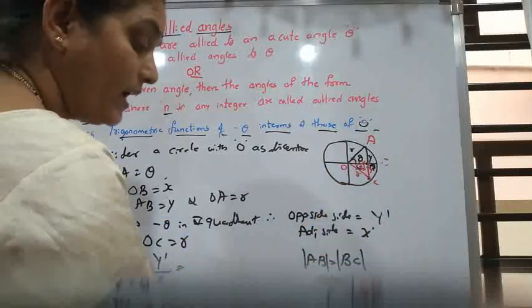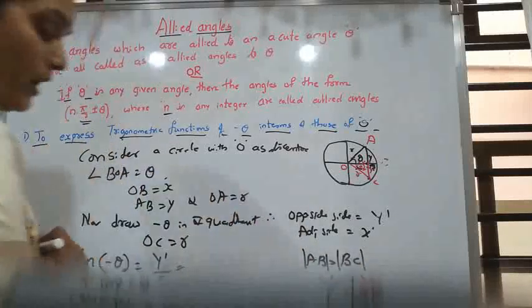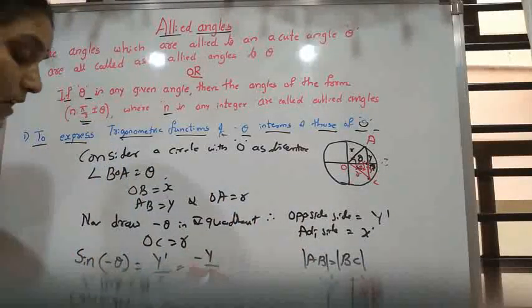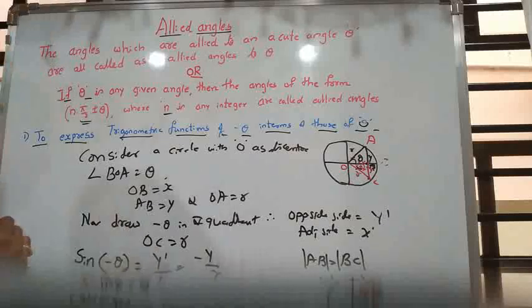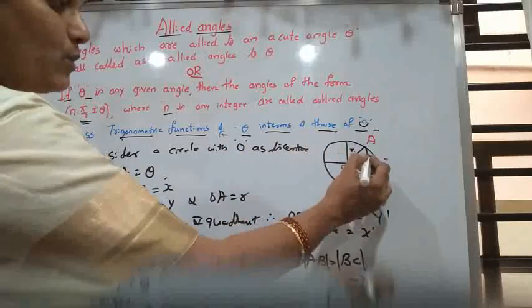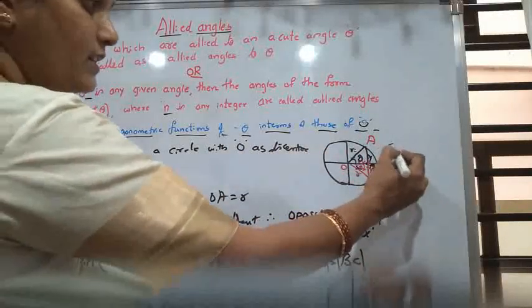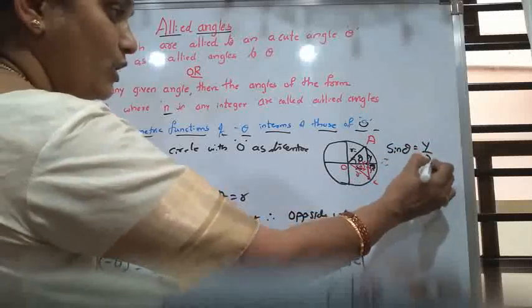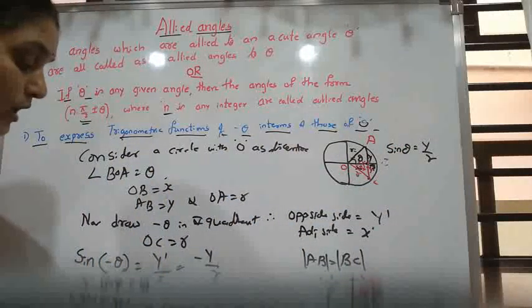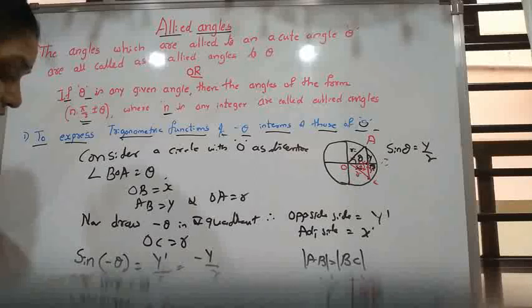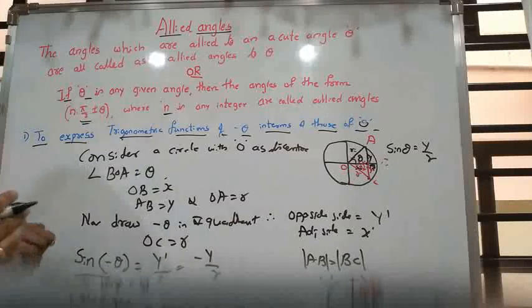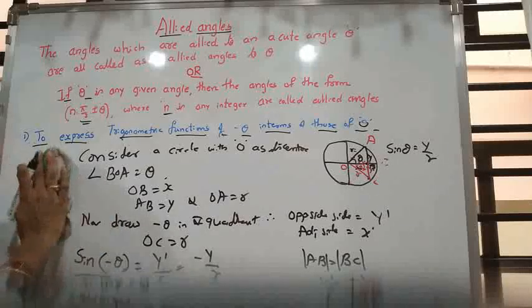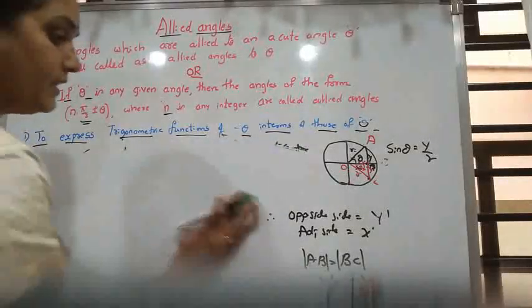So, y dash is minus y. So, I write it as minus y by r. Minus y by r is the ratio for sine theta. Sine theta is the ratio of y by r. So, sine of minus theta is minus sine theta.